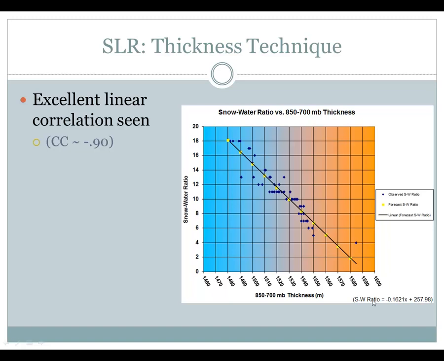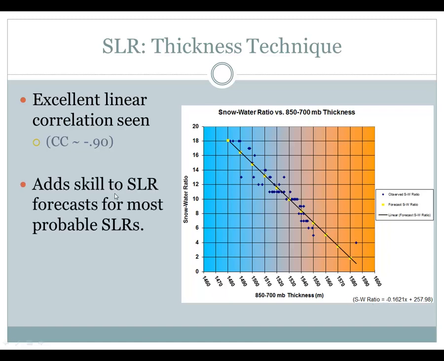This line is represented by this equation, and so this technique simply plugs in the thickness value for the 850 to 700 millibar layer, and the outcome is a snow to water liquid ratio. So it does add skill to the snow to liquid forecasts for the most probable snow to liquid ratios, and it can be applied to any model.